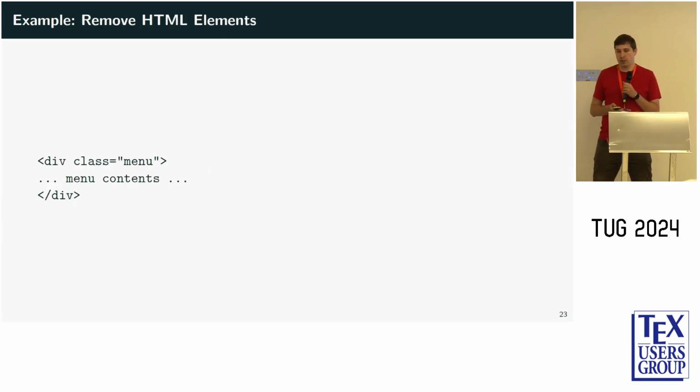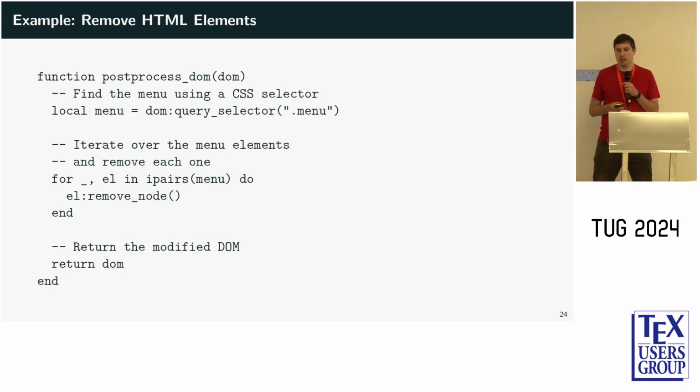And in this example, I will show how to remove some div element with class menu that, let's say, remained in the document and you don't want it to show in LaTeX. So we want to remove menu, and the LuaXML function that does it can look like this. The query selector function selects all elements that match a CSS selector.